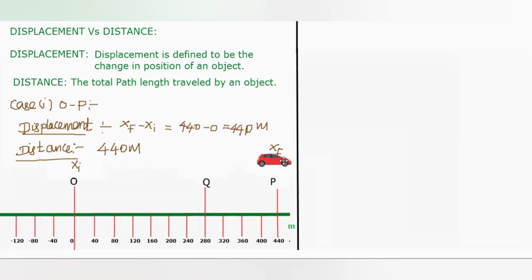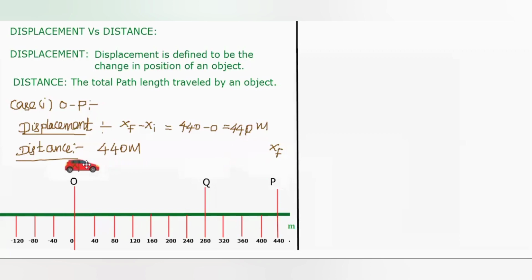From that, it is going to move to the position P. So here we discussed what is the displacement and what is the distance. Now, with the same diagram or graph, we are going to discuss another case.